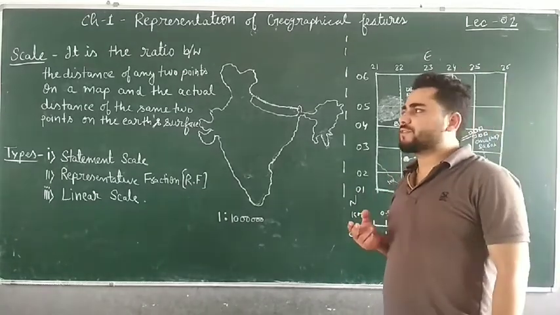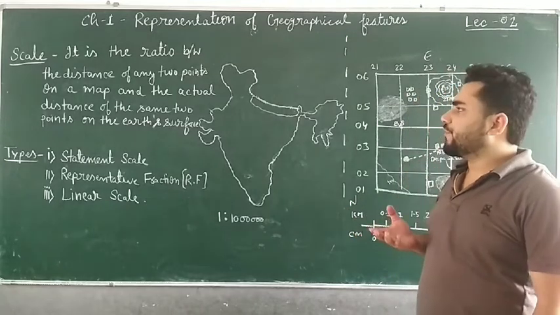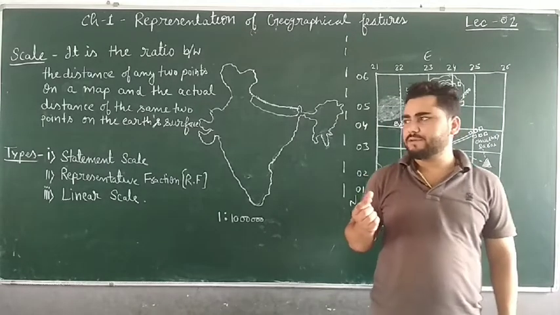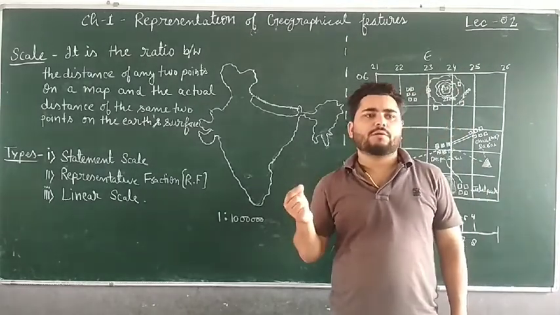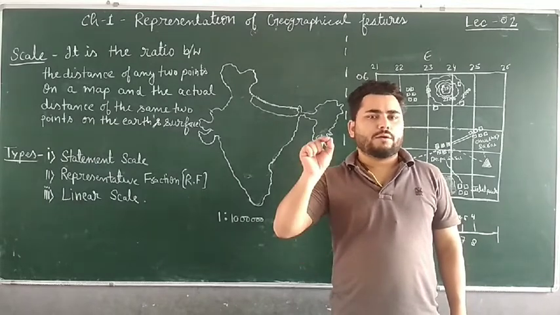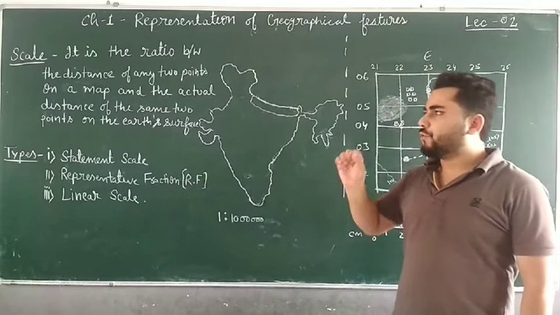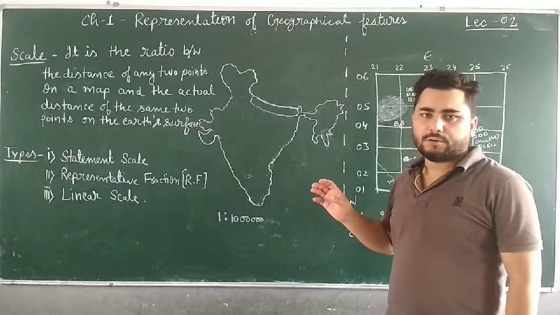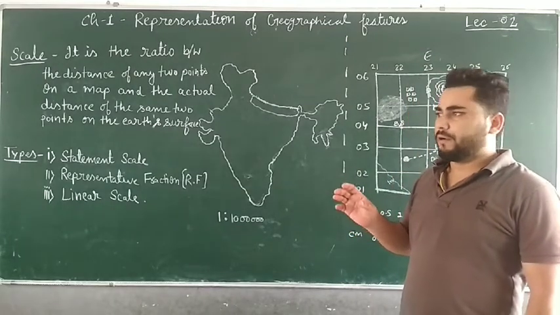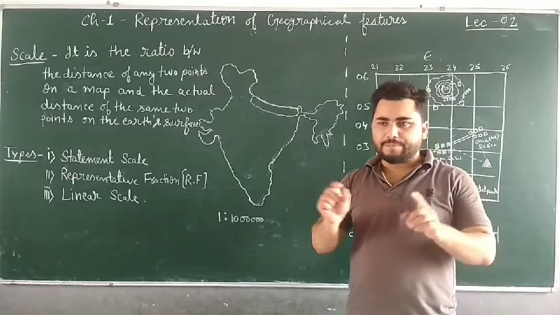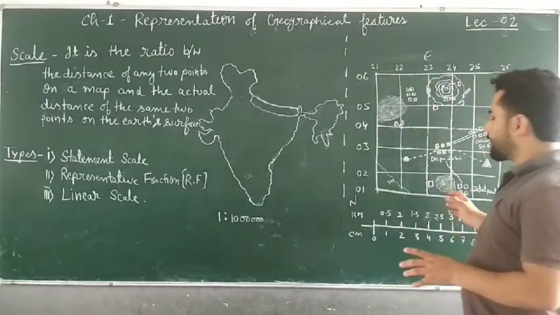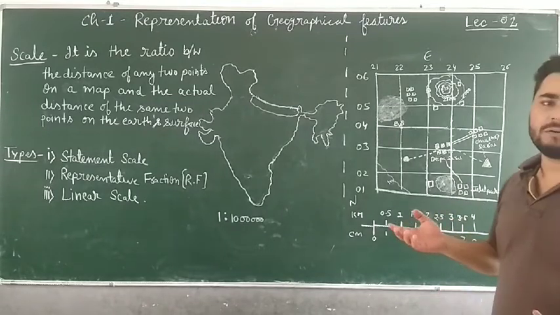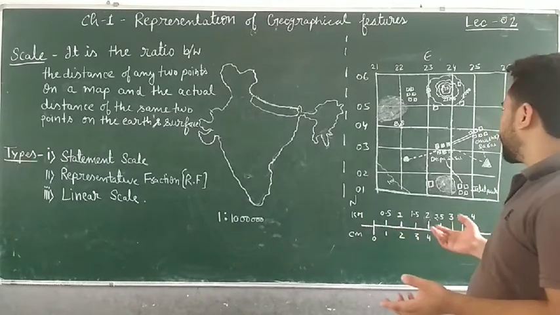distance between two places is also one of the geographical features. And how do we represent that? Suppose you are drawing a map of Sambhal on a paper, and that paper is around 15 centimeter long and 15 centimeter wide.